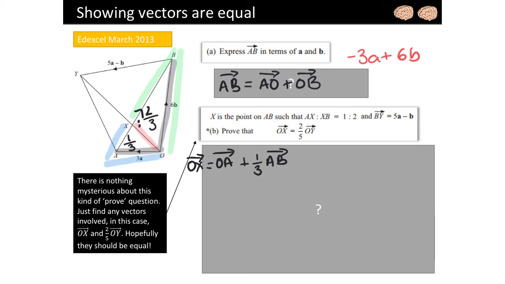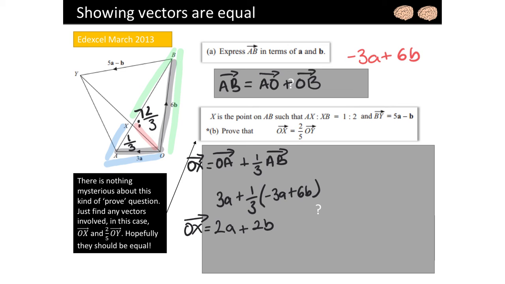If it was the other direction, we'd do minus, wouldn't we? OA we know is 3a, plus a third of AB, which is minus 3a plus 6b. Now we're going to do quick maths. Are you ready for this? 3a minus a, 2a. And then we're just left with plus 2b. So this is my OX. Check.